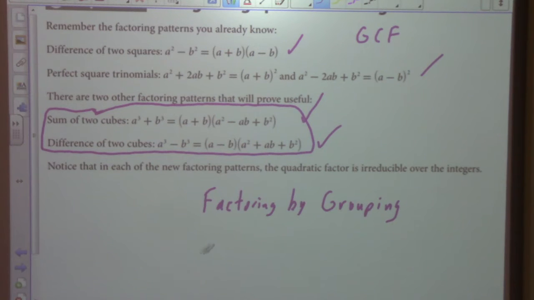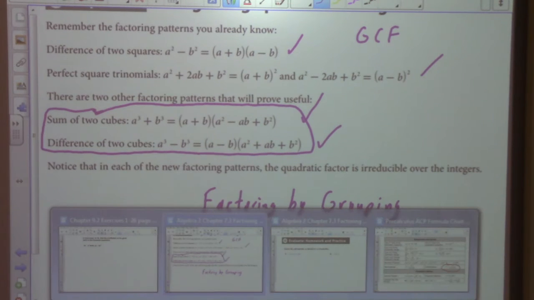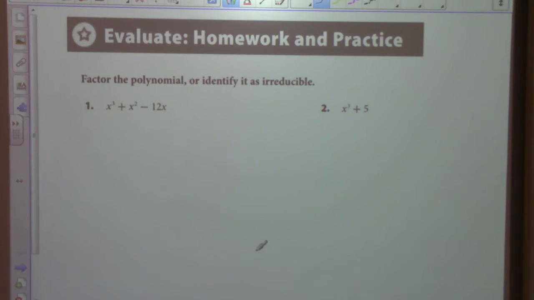Okay. Let's go here. So for these, we're going to factor the polynomial or identify it as irreducible. So I think at least one of these, maybe two of these, one of these turns out to be irreducible.